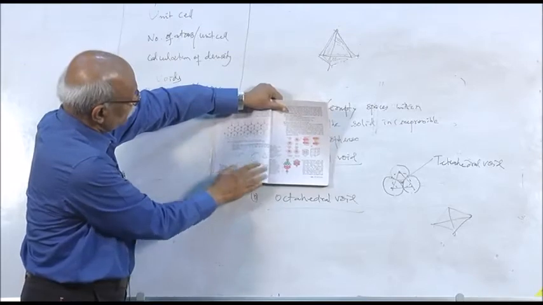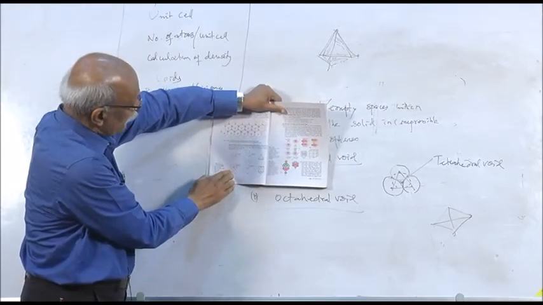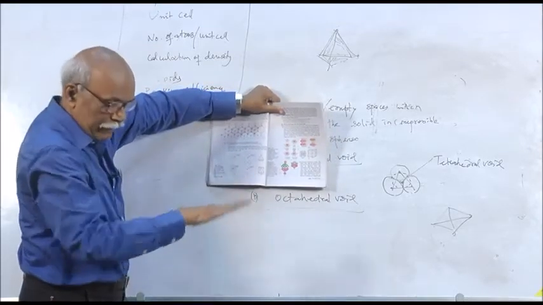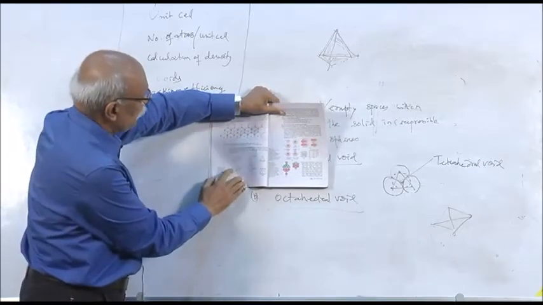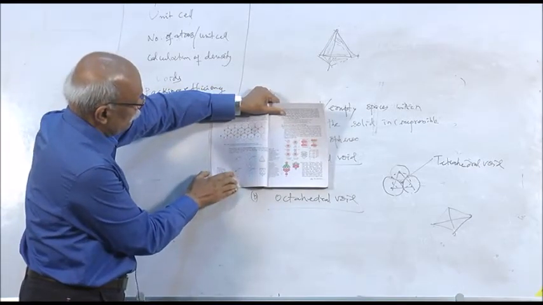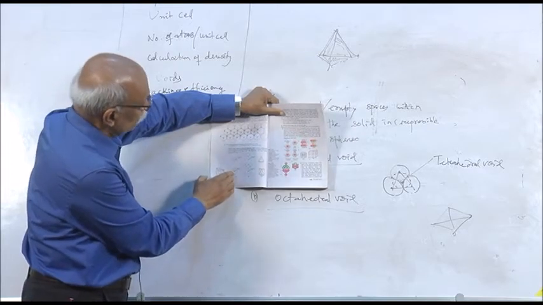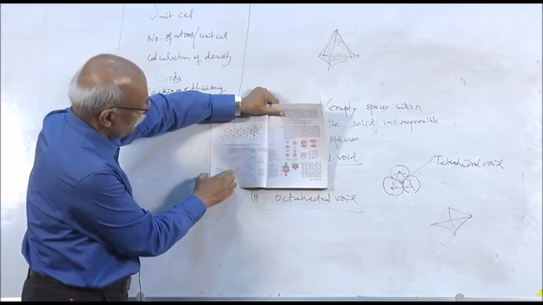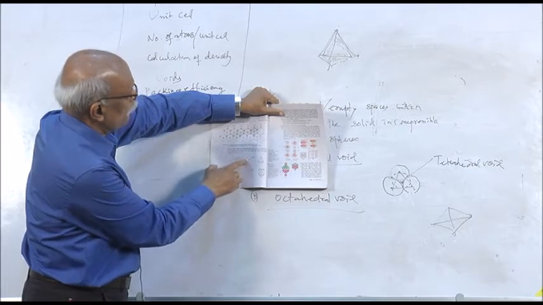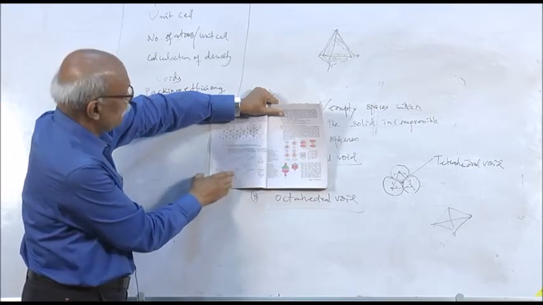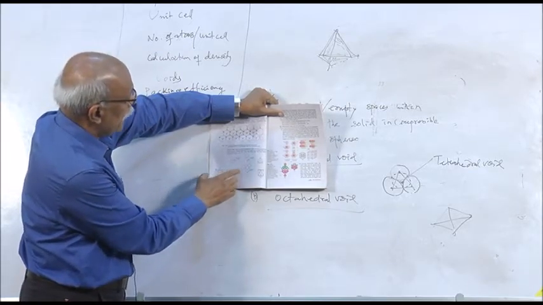You see that in one plane, in one layer, this is the first layer, the pink line. In the first layer there are 3 spheres. In the second layer, if you put a sphere here, it will be like a tetrahedral void. But these 3 spheres are in between.